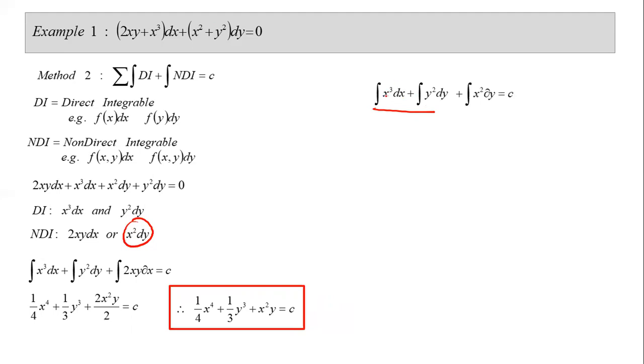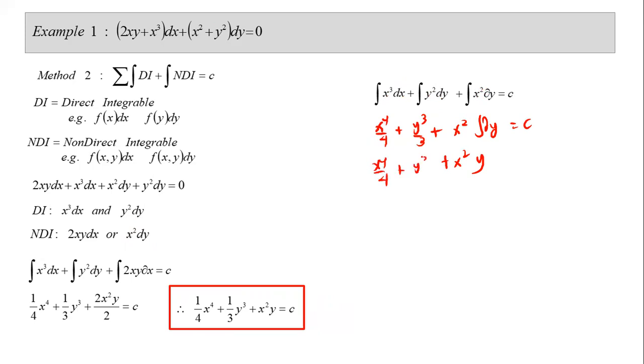Again, you know that the integral of x cubed dx is x to the 4 over 4, plus the integral of y squared dy is y cubed over 3, plus since x squared is constant, and then integrate dy equals c, and you know that the integral of dy is y. So you shall have x to the 4 over 4 plus y cubed over 3 equals the constant c. And I think we got the same answer.